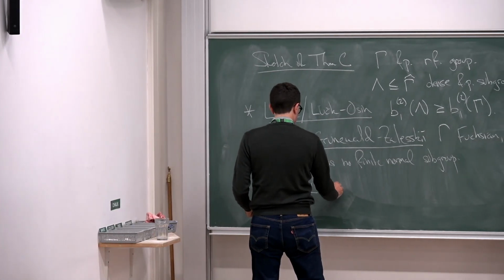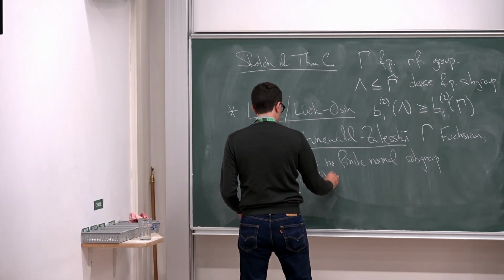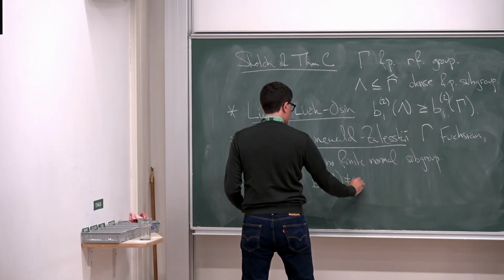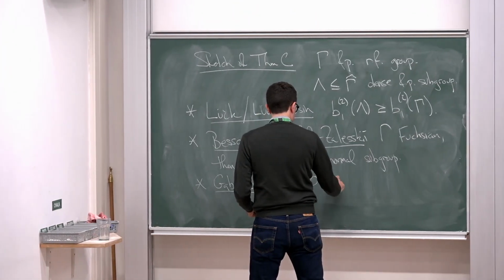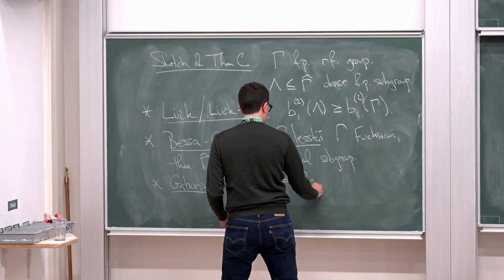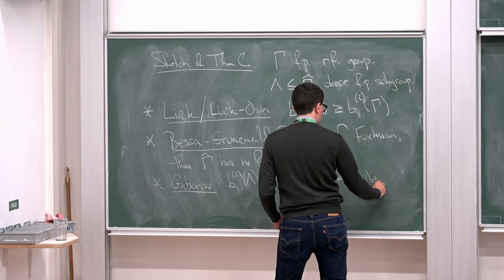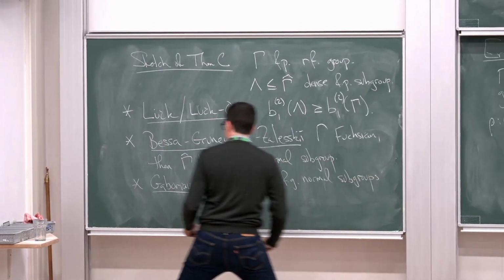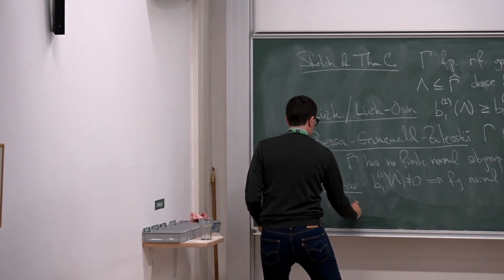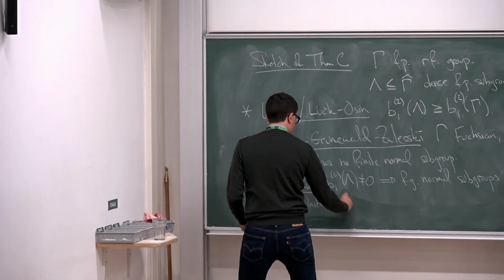We have that if the first L2 Betti number is non-zero, then finitely generated normal subgroups are finite or of finite index.